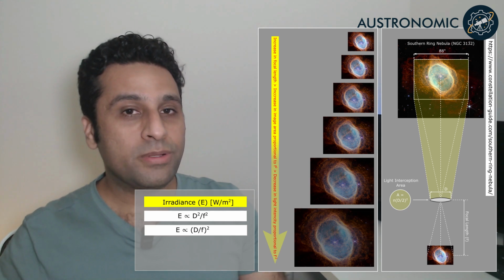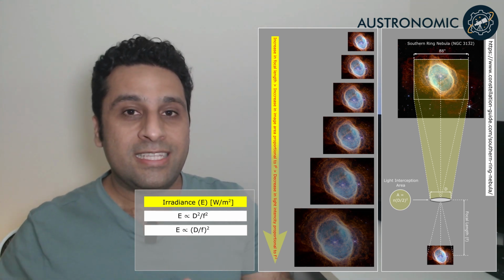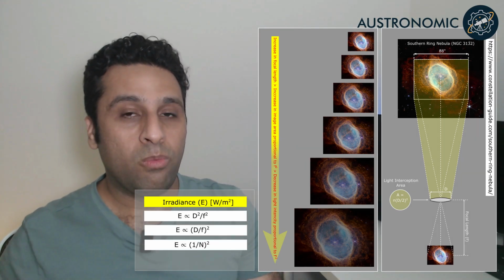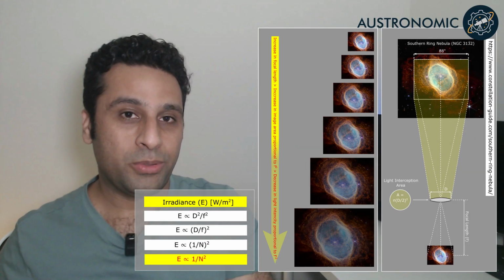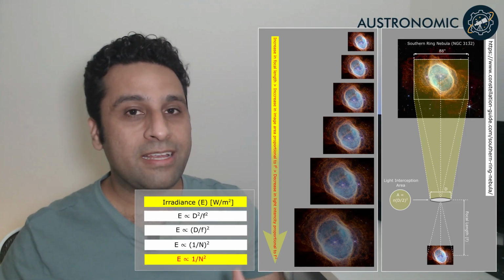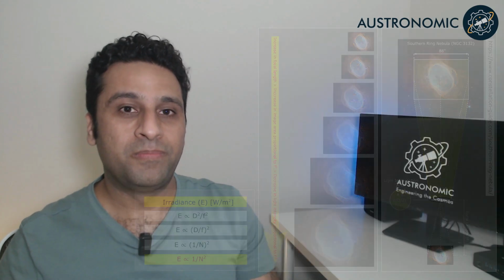Since N equals f over D, as we already discussed, this becomes 1 over N squared, 1 over focal ratio squared. So for an extended source, focal plane irradiance scales as the inverse square of the focal ratio.